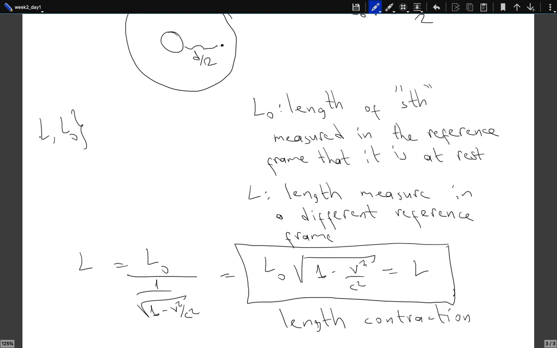L and L0 are measured in the direction of the speed, in the direction of velocity, not in the perpendicular direction.